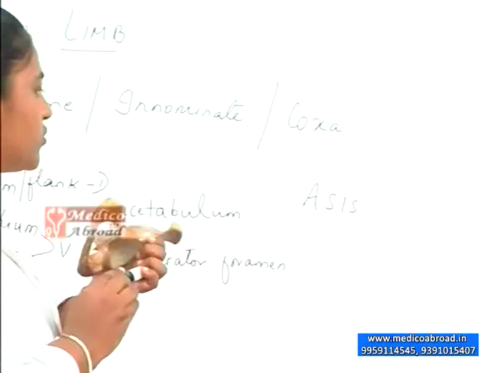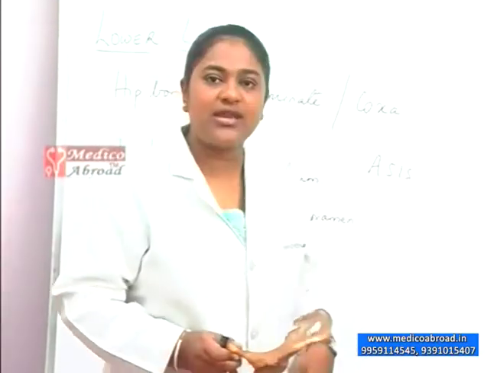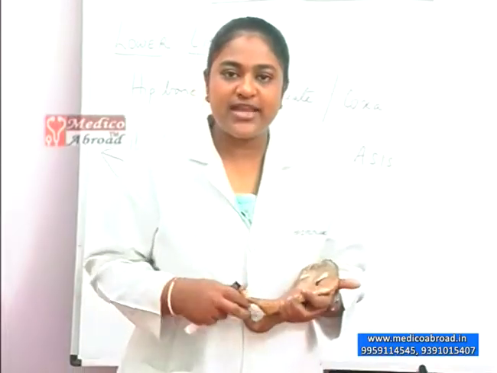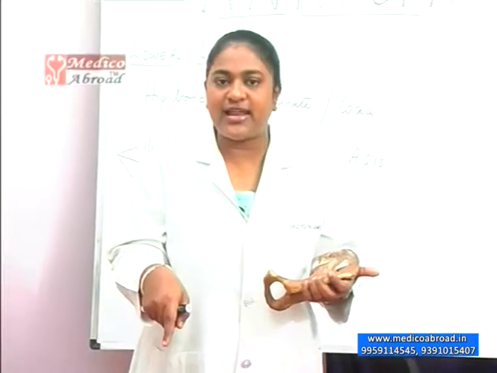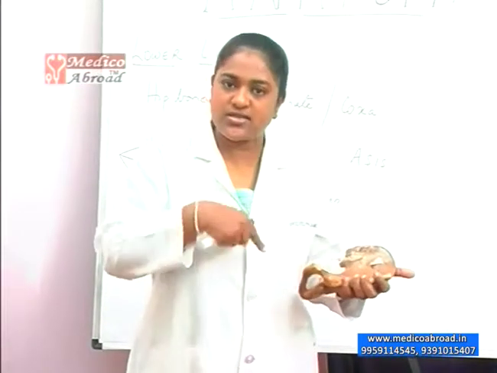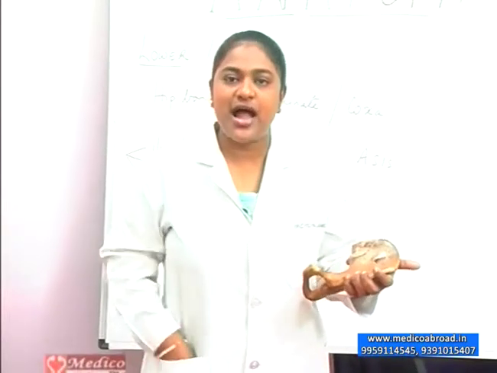If there is an anterior superior iliac spine, there should also be an anterior inferior iliac spine, and posteriorly a posterior superior iliac spine and a posterior inferior iliac spine.